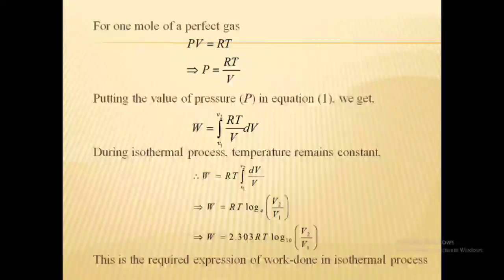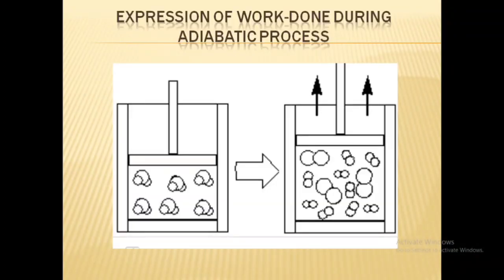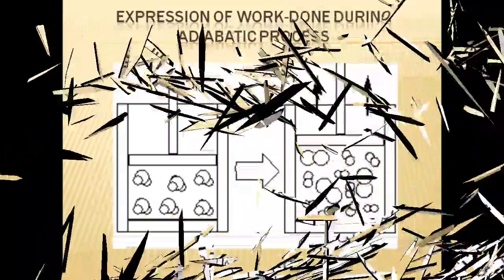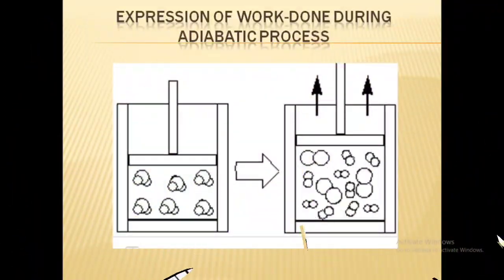Now we move to the next topic of today, that is, we shall find the expression of work done during the adiabatic process. Here you can see the same two figures. In the first figure there is a cylinder with a frictionless piston, and inside the cylinder there is a perfect gas.